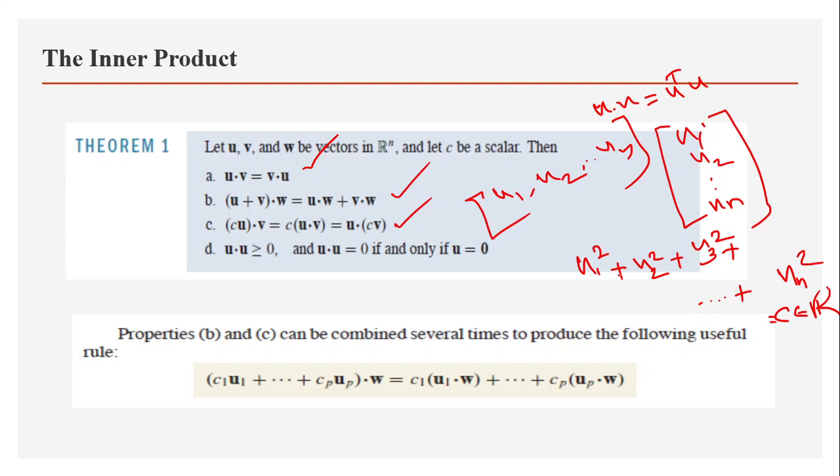Since the square of a real number, whether positive or negative, is positive, you will get a value greater than or equal to 0. That is what property D says. And u dot u equal to 0 if and only if u is equal to 0; this can also be proved. Then properties B and C.